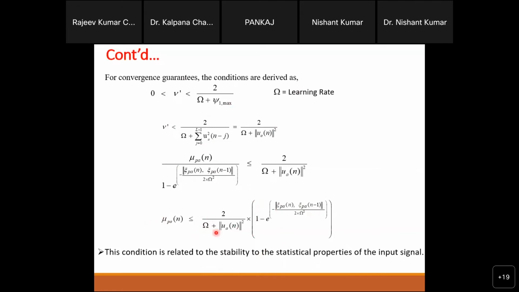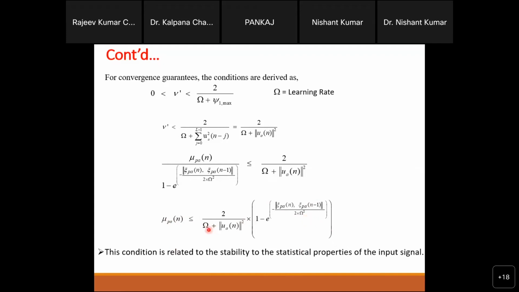In this relationship, this portion should be greater than this one. So what should be the suitable value for omega so that it will be bigger than that? Definitely omega is non-linearly related with this one, because omega is here as well as omega square you will see here. So through this we can choose one value of omega so that it will be bigger than that.